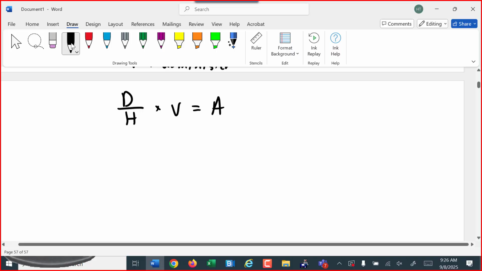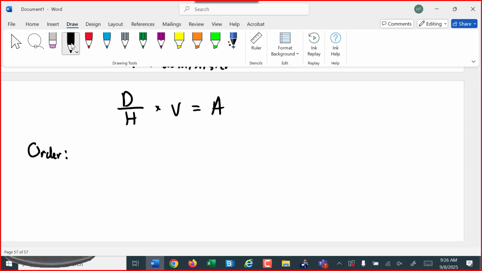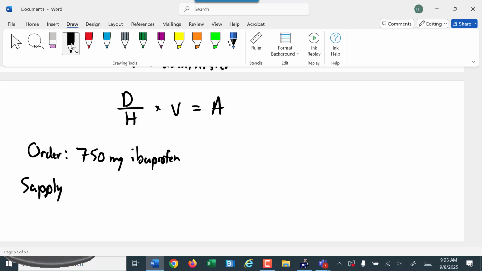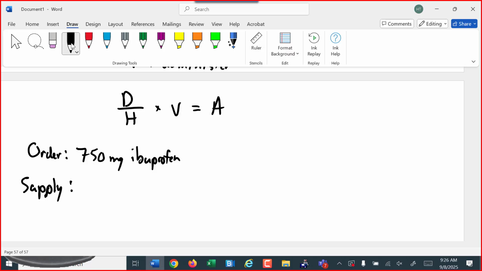And our first example will be an order of 750 milligrams of ibuprofen. And our supply, so the label on our supply usually gives us both the on-hand dose and the vehicle.